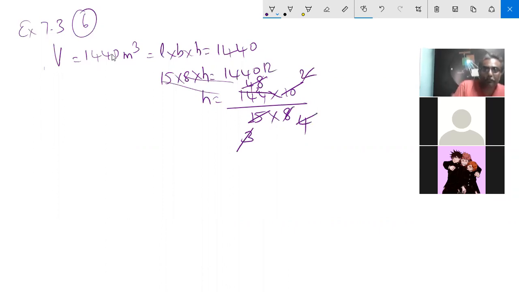So height is equal to 12 meter. That's all. Simple sum.